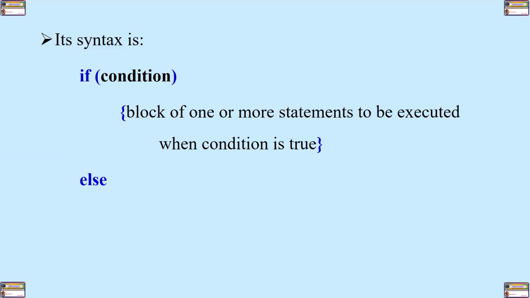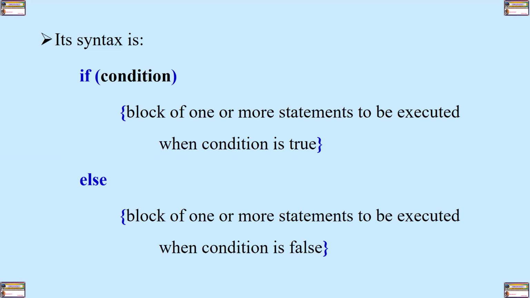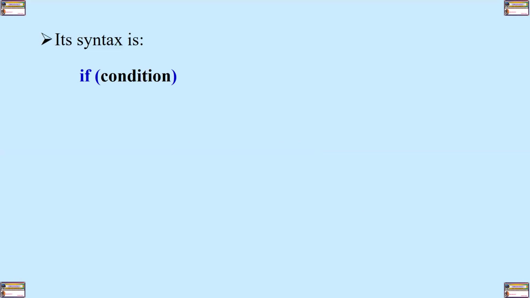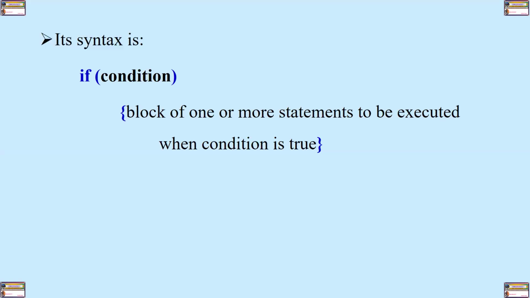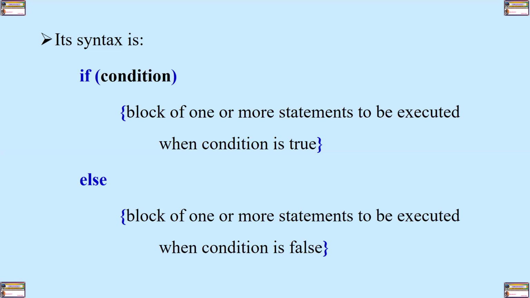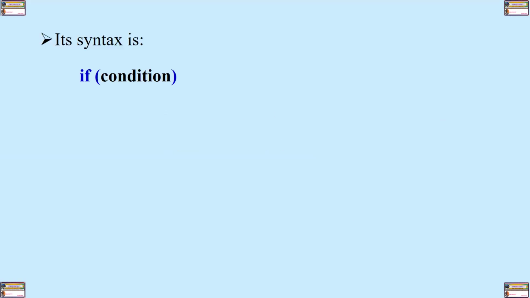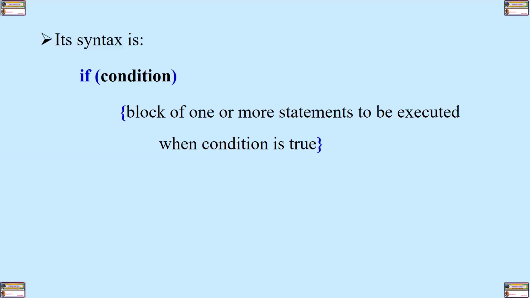Otherwise, if the condition is not true, that is false, this section of code will be executed. Note the way I'm using my braces. Here I have the opening brace and the closing brace, the ones in blue. What will be executed, and then this part will be skipped. If the condition is false, this block will be skipped, and the compiler will work with the else part.